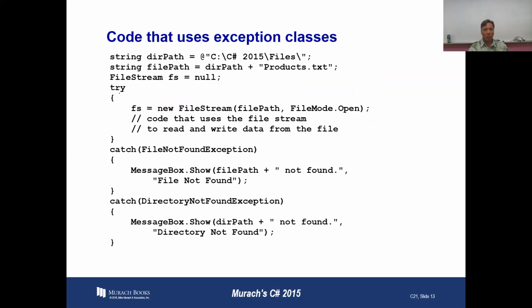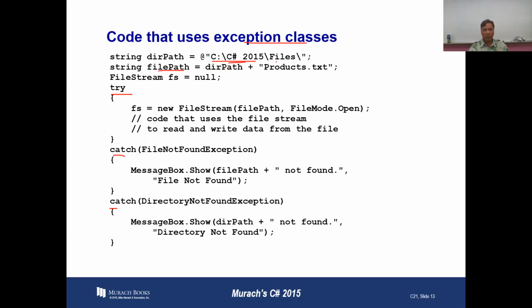So here's some try-catch code that shows how these exception classes can be used. Let's say we want to access a file. Here's a path to a directory, and here's a file that's in that directory.